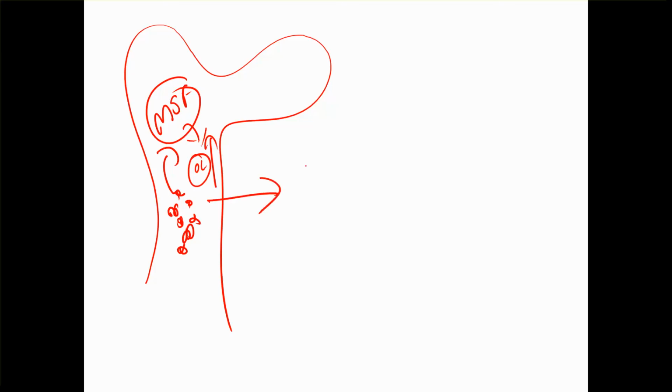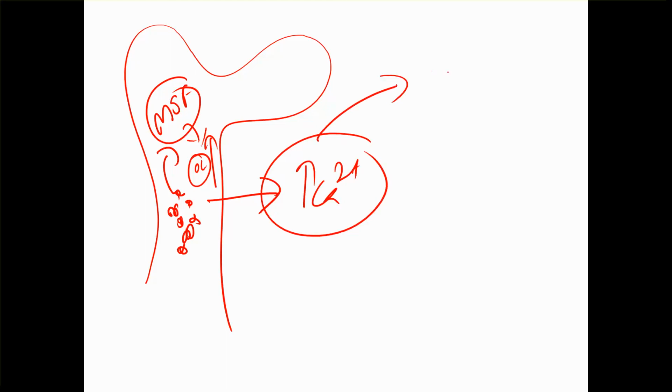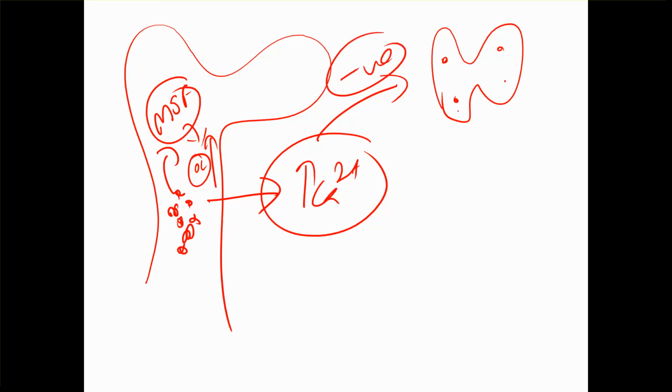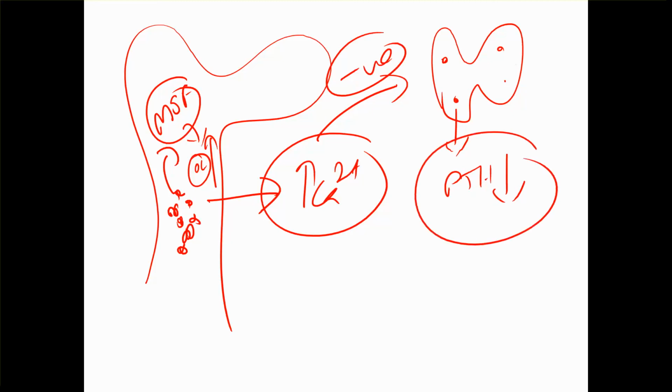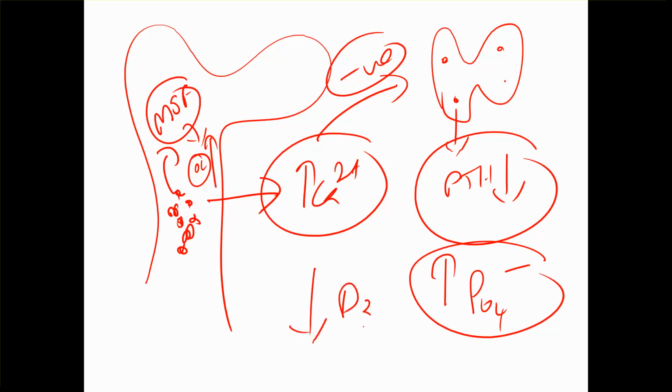So automatically more calcium is coming, that will produce negative feedback on the parathyroid gland. Then automatically the parathyroid hormone will be reduced. Then automatically the phosphate level will be increased. Then what happened, there will be decreased vitamin D3.